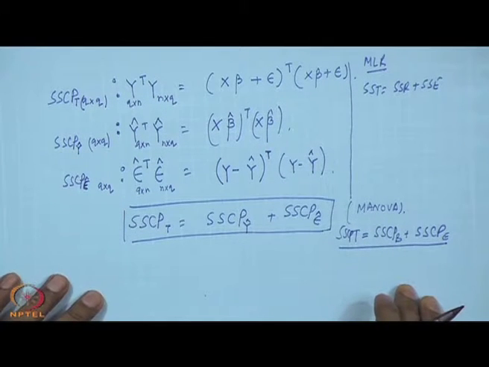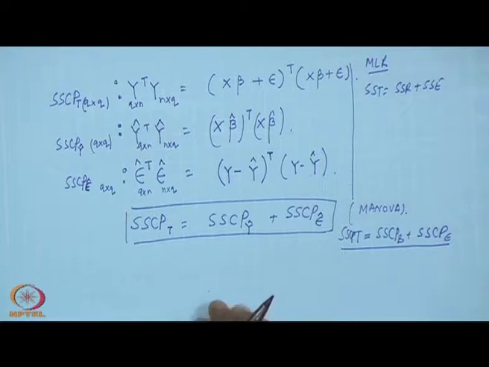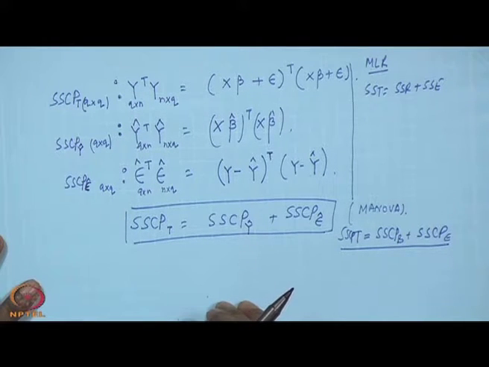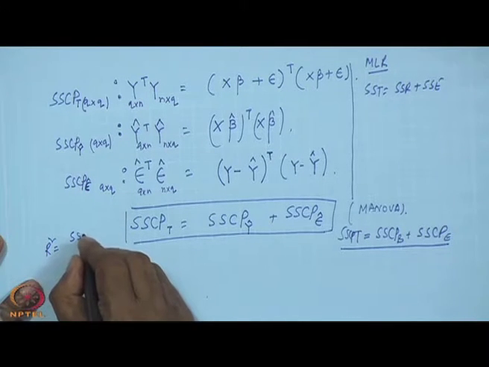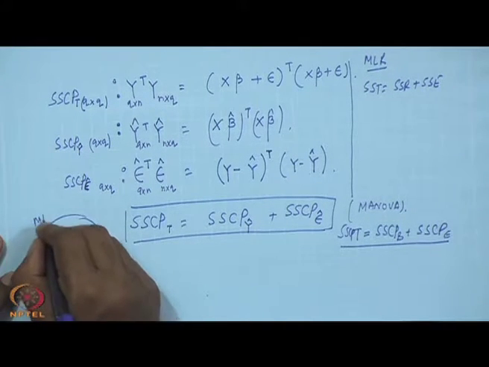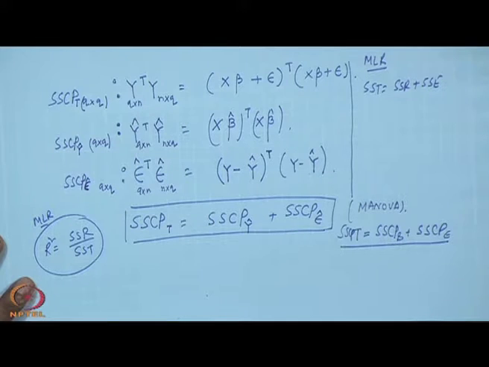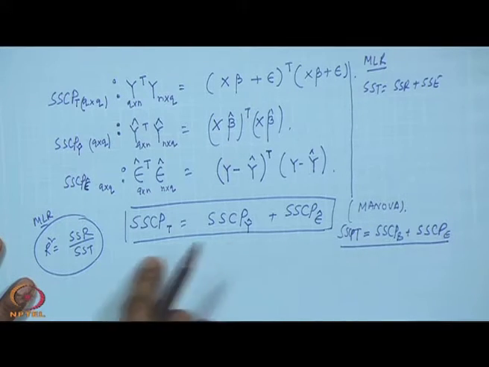Suppose I want to create R square. Can I create R square here in the same manner? R square is what? SSR by SST, that is from the MLR point of view. But you will not get that here, because these are all in the matrix domain.